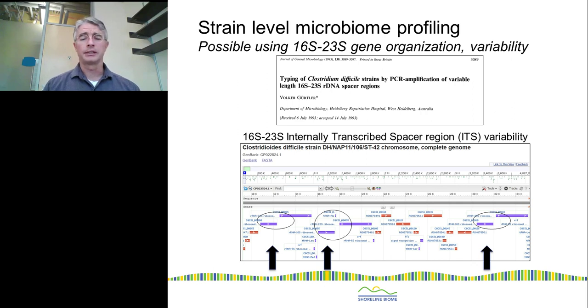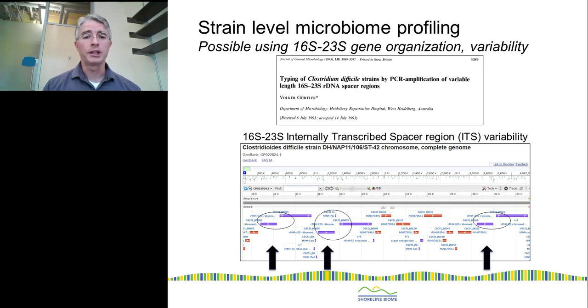So in the next slide, I show that this is possible, or we at least have evidence that this is possible. About a quarter of a century ago, Volker Gertler published this paper basically showing that for Clostridium difficile, and we'll use this as an example throughout, you can tell the difference between different strains by simply looking at a combination of the 16S and 23S genes.